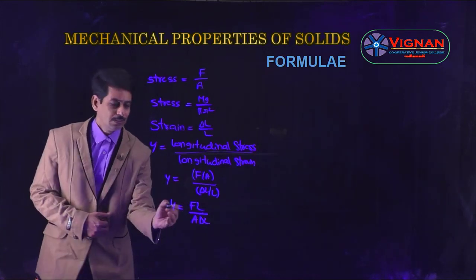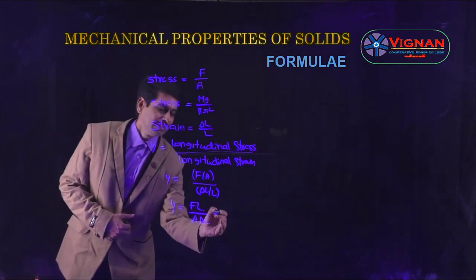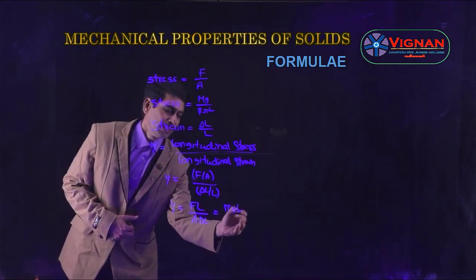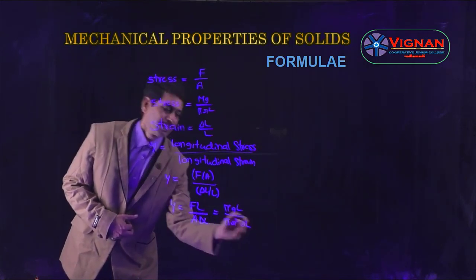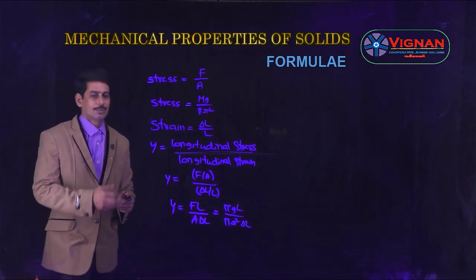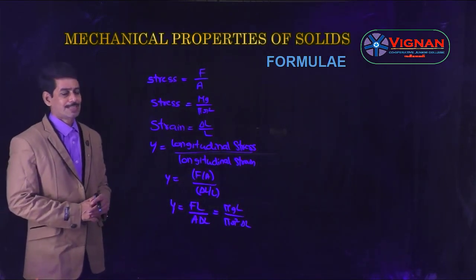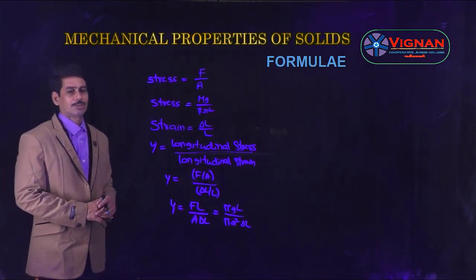If the force is not given, then I have to take mg, and if the area is not given and the radius is given, then I have to write pi r square. So this is the expression for Young's modulus of the wire: Y is equal to mgL by pi r square delta L.